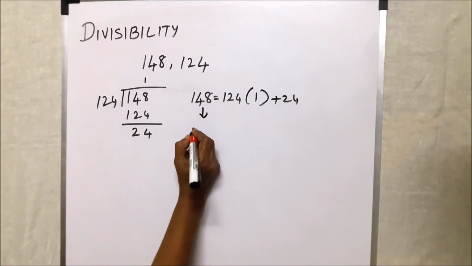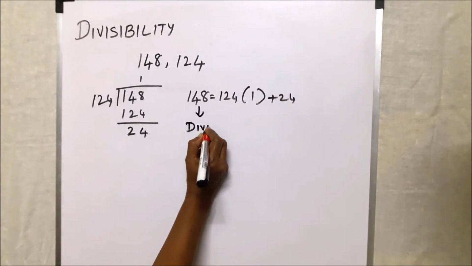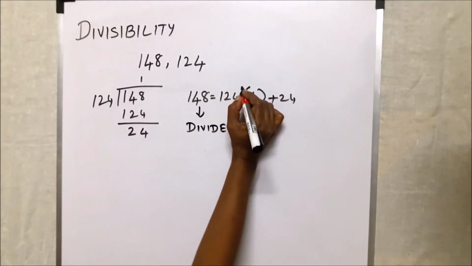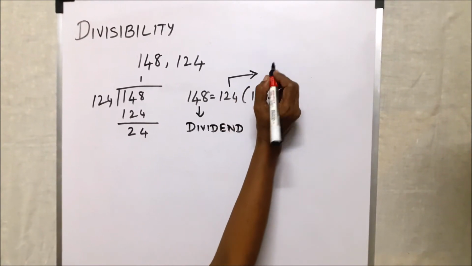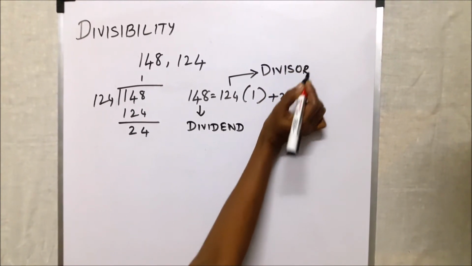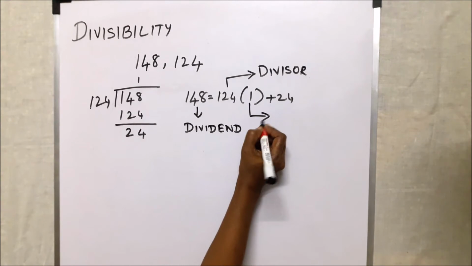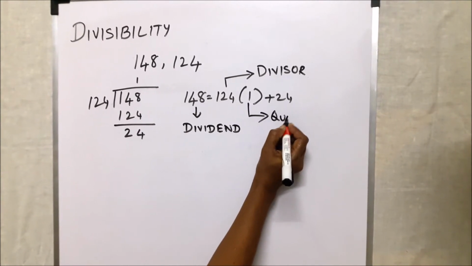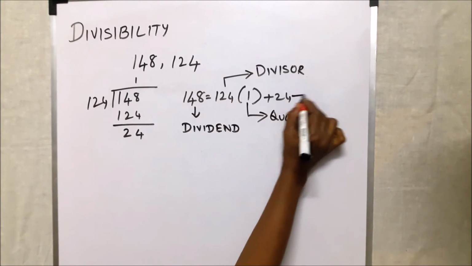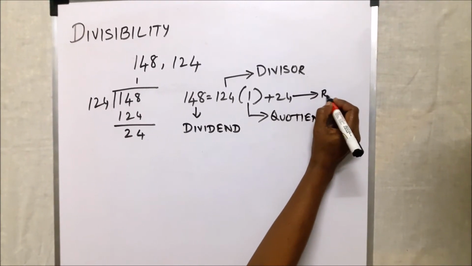This 148 is the dividend. This 124 is the divisor. This 1 is the quotient. And 24 is the remainder.